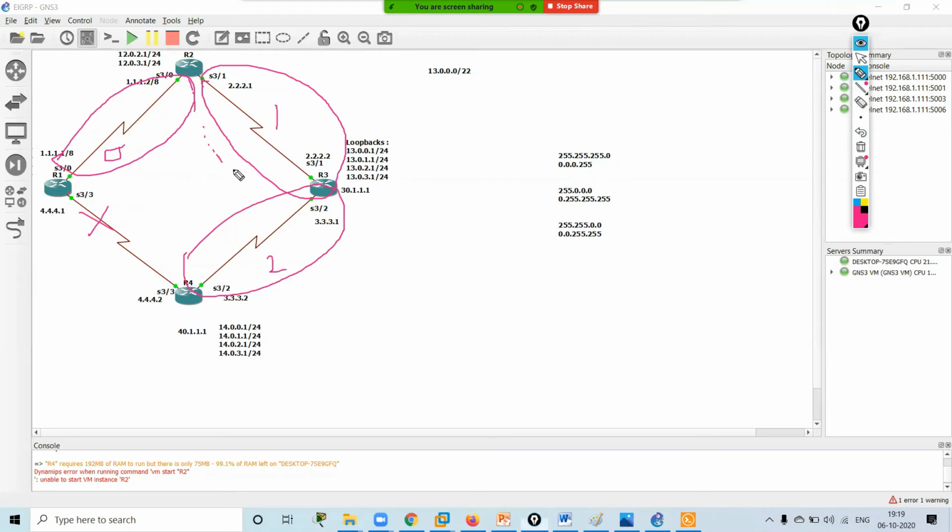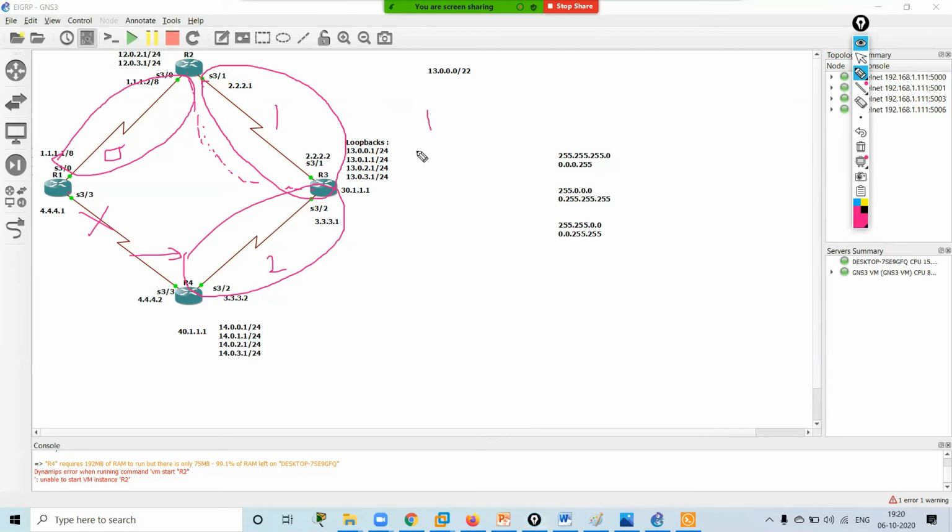So between the two area border routers, I will create a virtual link, and I will say that these two areas, area 0 and area 2, are virtually connected via this virtual link. So virtual links are used to connect a discontiguous area to area 0. This is the discontiguous area.